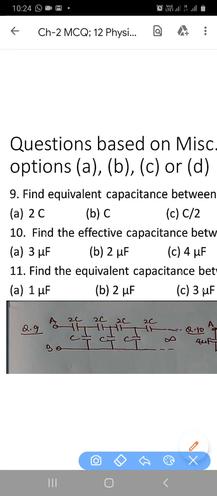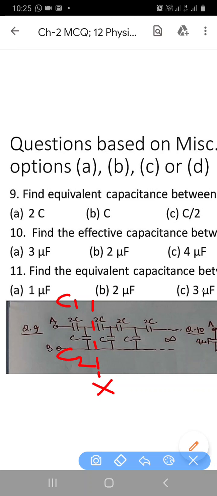So here if I take C1 for 2C and C2 for C, so C1 C2 again C1 C2. So I will cut here before the starting of 2C, and I assume that the equivalent capacitance for this infinite circuit is X, and this X will also be between A and B.